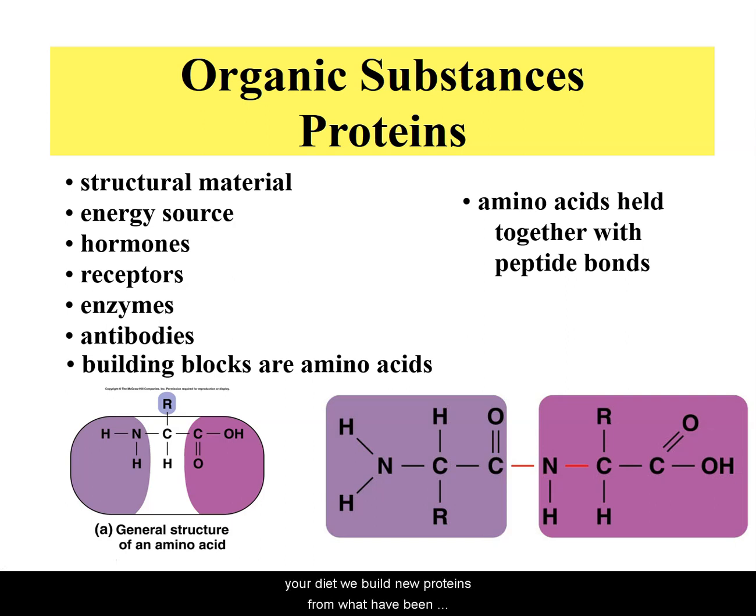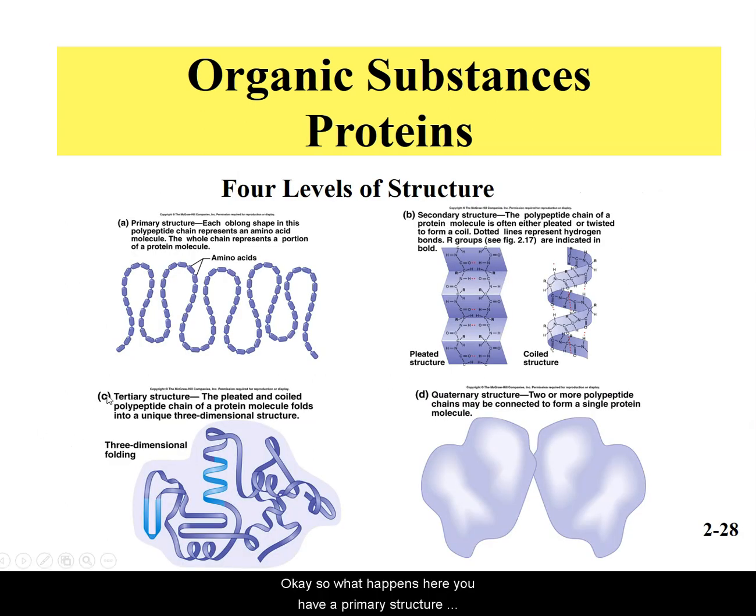We build new proteins from what has been obtained from breaking down proteins. Okay, so what happens here? You have a primary structure. Proteins, these are polypeptides. Remember, two amino acids would be a dipeptide, but after two, it becomes a polypeptide.